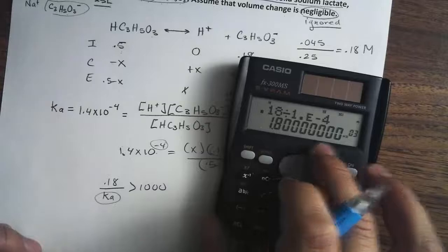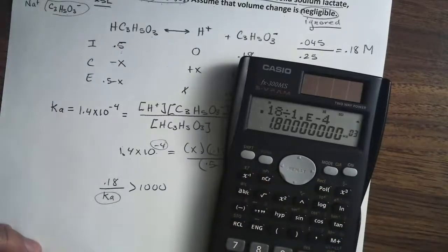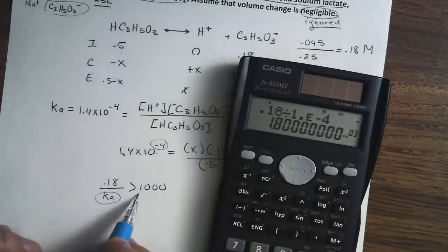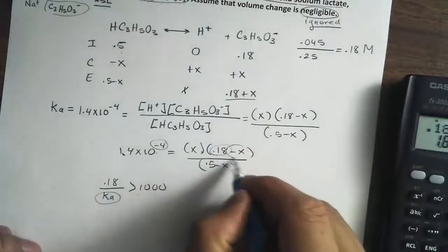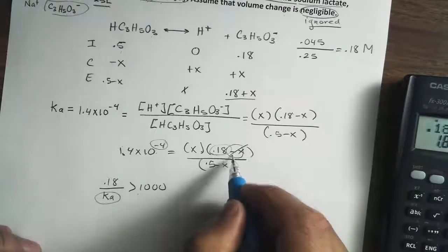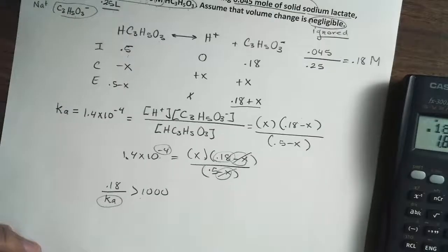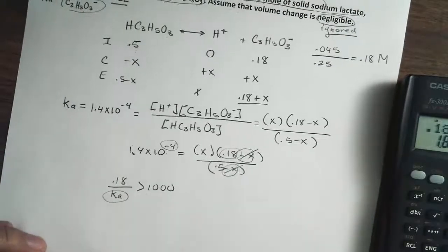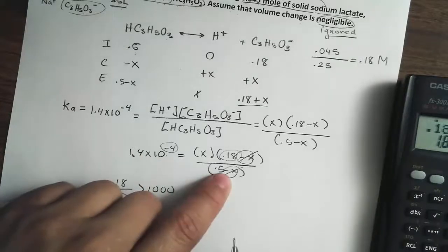That gives us 1.8 times 10 to the third, which is 1,800, and that is greater than 1,000. Whew, that was lucky. So what does that mean? We can now ignore that x. If we ignore that x right there, we can also ignore that x right there as well. Beautiful. As long as one of them proves the rule, we can apply that to the other.